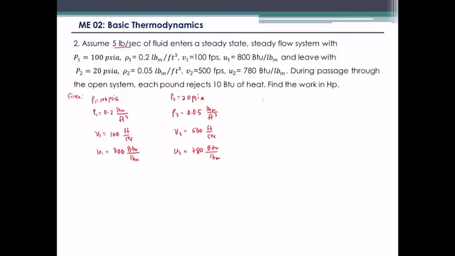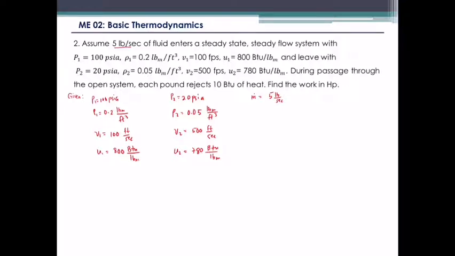What is that quantity, class? That is simply the mass flow rate. Like I said, the m dot is called the mass flow rate. That is the mass per unit time. This is 5 pounds per second, pound mass per second.